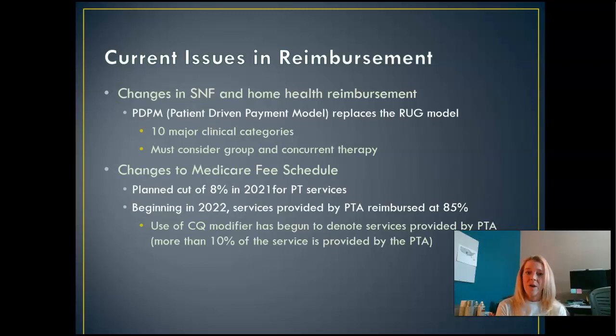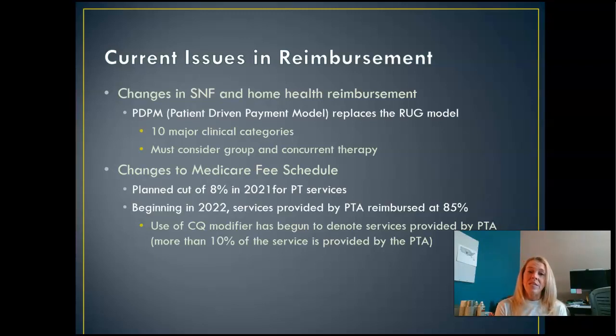So it was really important to keep track of the patient's minutes in therapy, and that's a lot of what reimbursement was built on. Now, patients are broken down more into categories, and we also do need to keep in mind group and concurrent therapy. So if you're treating more than one patient at once, things are going to be billed a little bit differently for that.